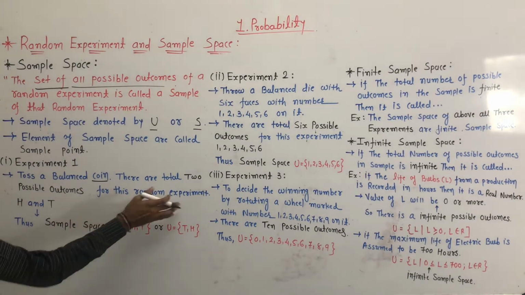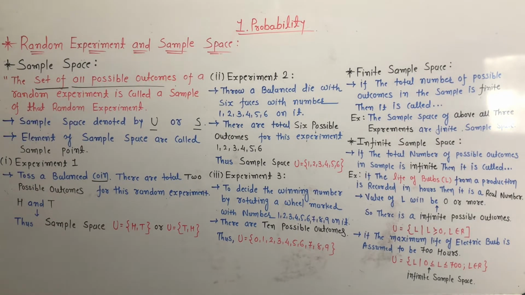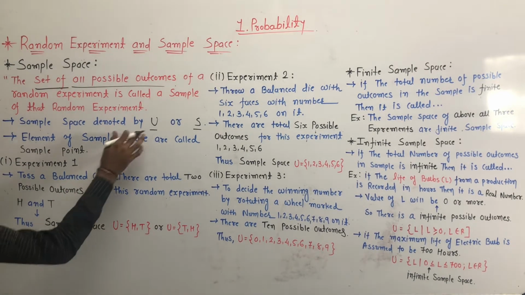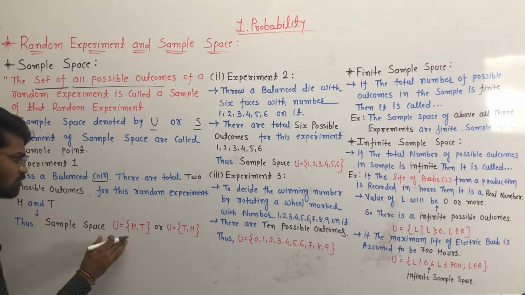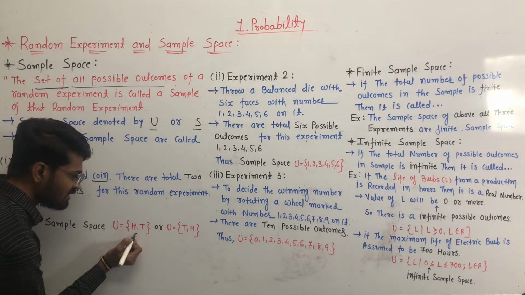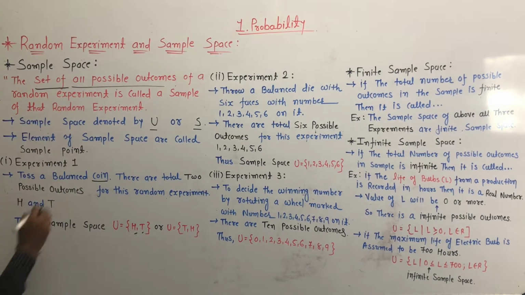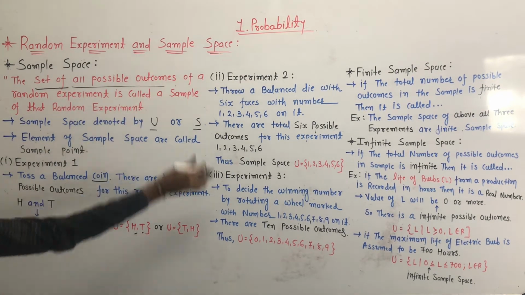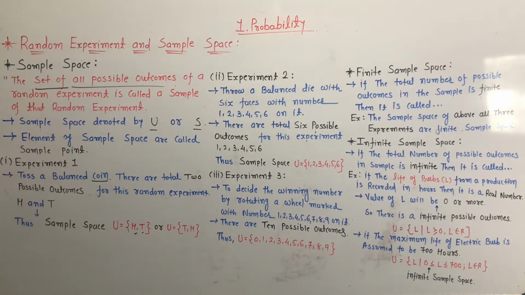For this random experiment, H and T, now we have to write down the sample space. The sample space is denoted by U. So U is equal to {H, T}. H and T are all the possible outcomes of this experiment 1.